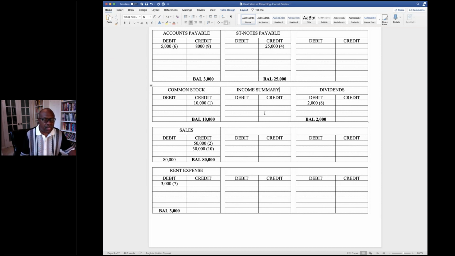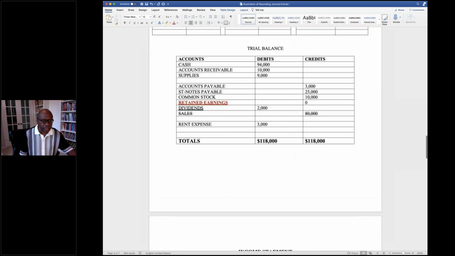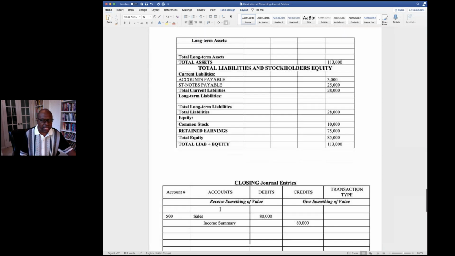And the income summary now has a credit from that journal entry of 80,000. So once we make the closing entry, we have to come back and post it.